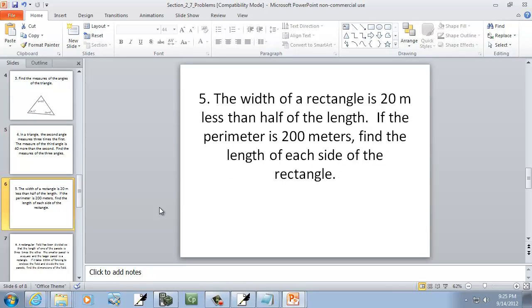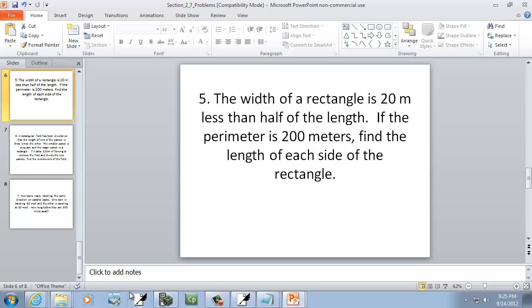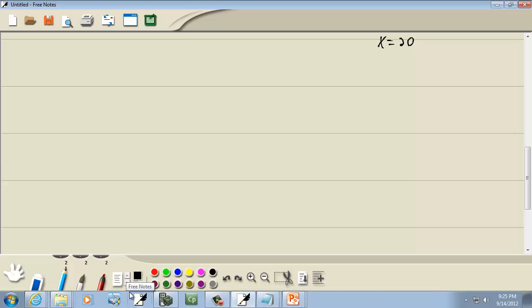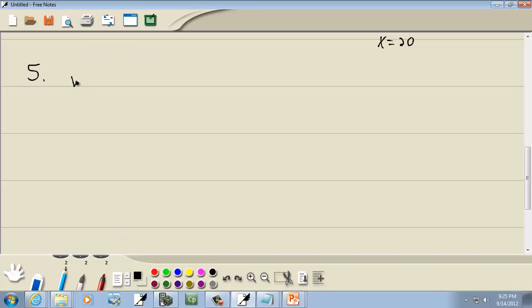Now this next one gets away from the angles and starts talking about some other geometry. So let's take a look at it. It says the width of a rectangle is 20 meters less than half of the length. Okay, so width and length.